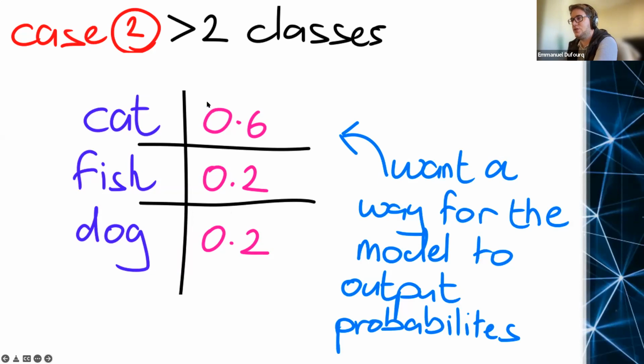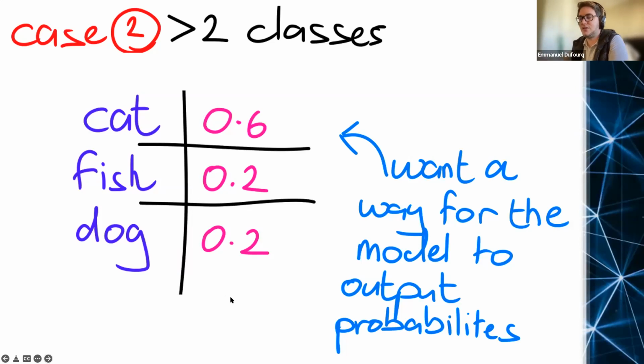So here you'll notice that the values add up to 1. If it doesn't add up to 1, then it doesn't make sense anymore. But if the values add up to 1, we can think of these as probabilities. So what we want is to devise a way such that the network can output values between 0 and 1, such that the sum of the values is equal to 1.